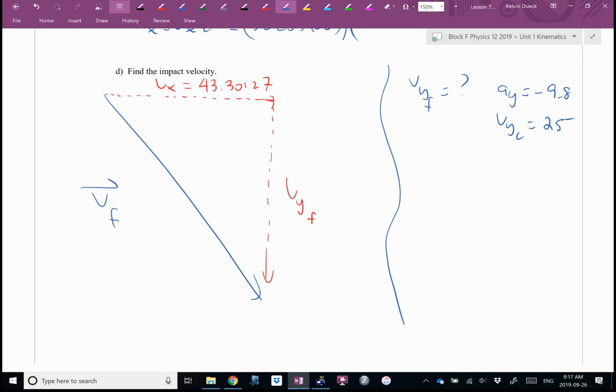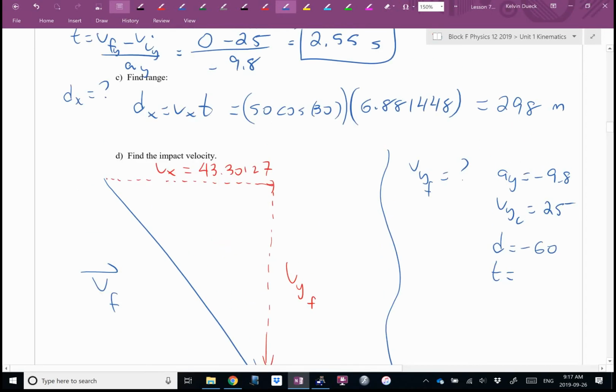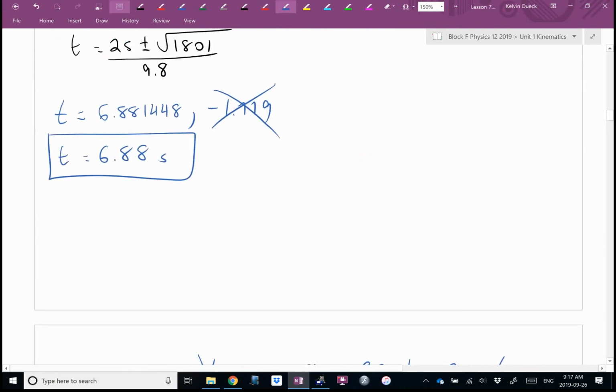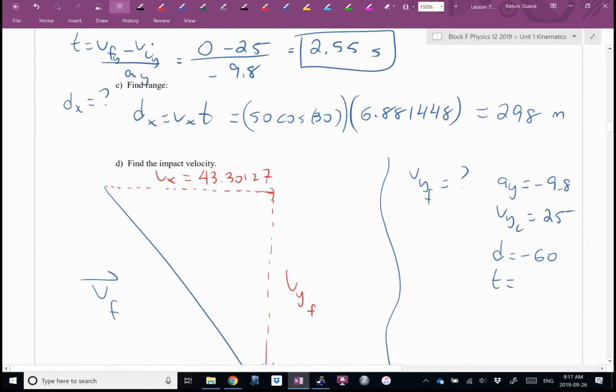That's horizontal, not going to help me. Could use this, or I could use 6.881448.